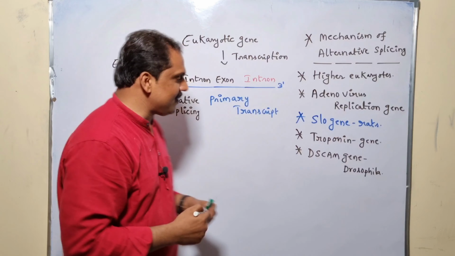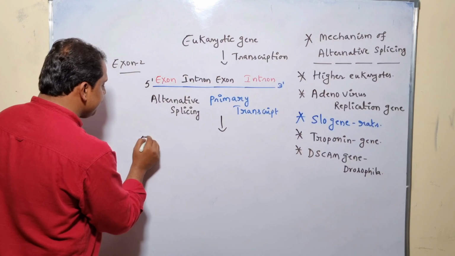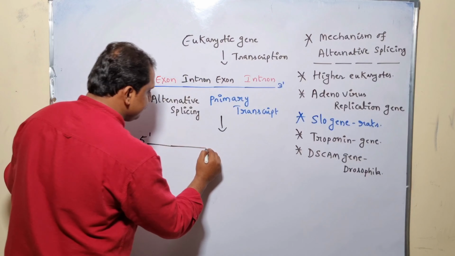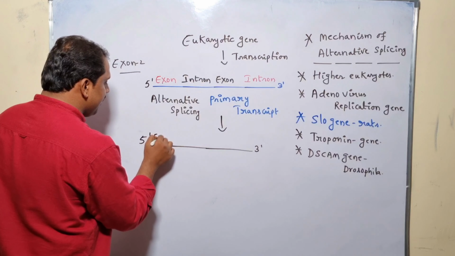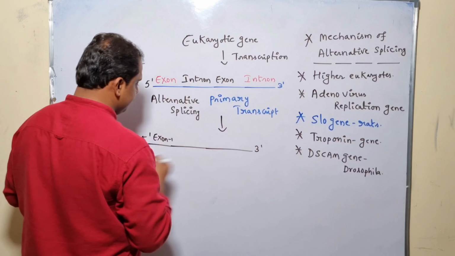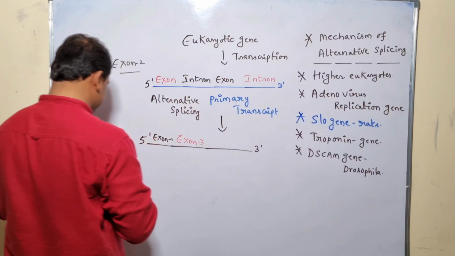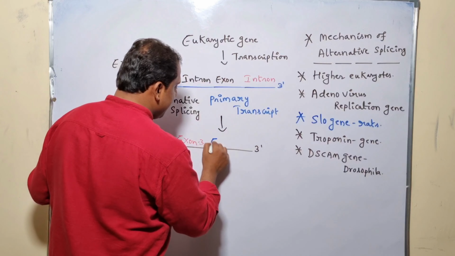Is it clear? So let me print it here. So here it is nothing but one of the alternative mRNA, right? So here it consists of exon 1, exon 3, and here it is nothing but the exon 4.